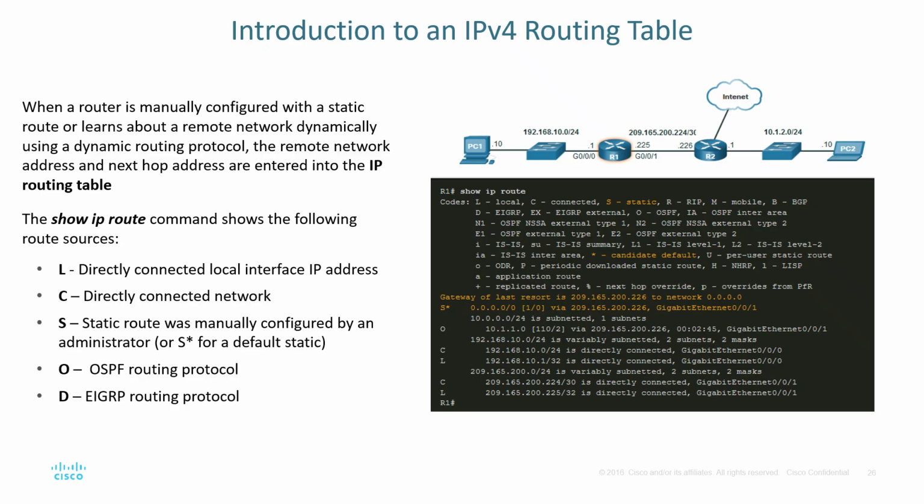So again, with regard to perspective, I am looking at the routing table from the perspective of router 1. So on router 1, I issue the show IP route command, which is what I utilize in order to see its routing table. So an L is a directly connected local interface IP address.